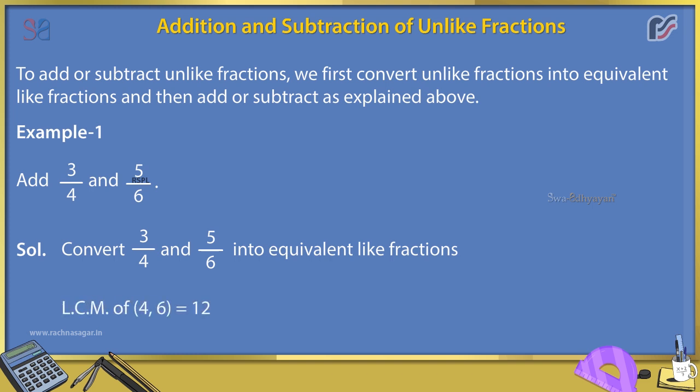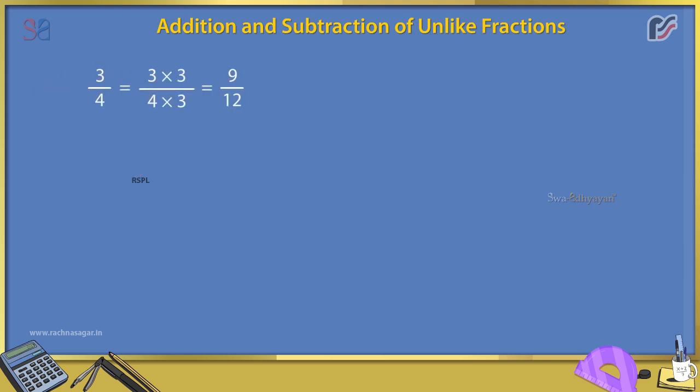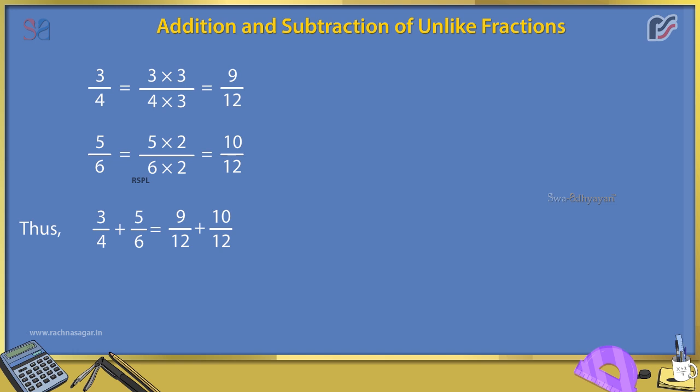LCM of 4 and 6 is equal to 12. 3/4 is equal to 3 into 3 by 4 into 3, which is equal to 9/12. 5/6 is equal to 5 into 2 by 6 into 2, which is equal to 10/12. Thus, 3/4 plus 5/6 is equal to 9/12 plus 10/12, which is equal to (9 plus 10)/12, which is 19/12, which is equal to 1 and 7/12.